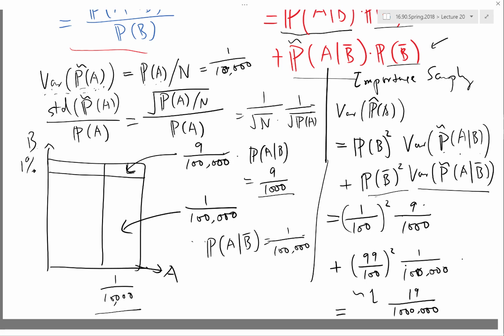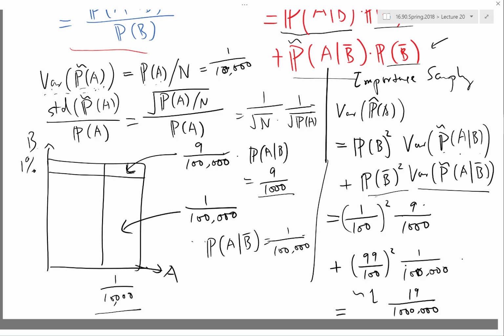Strictly speaking, it's p times 1 minus p, but if p is small, you can substitute 1 minus p with 1. So the variance is roughly the same as the probability. Actually, this is about five times smaller than that probability, and basically, it allows you to have 5 times fewer samples and still have the same variance.